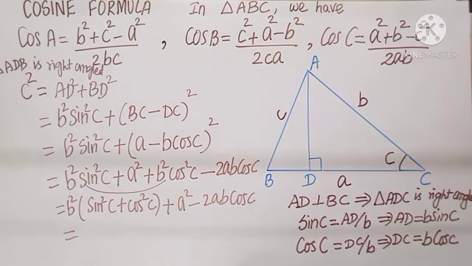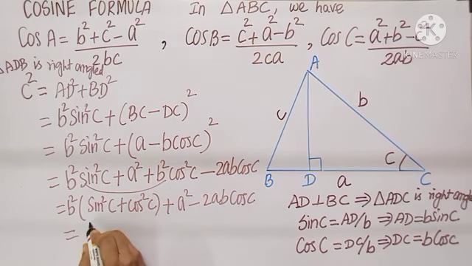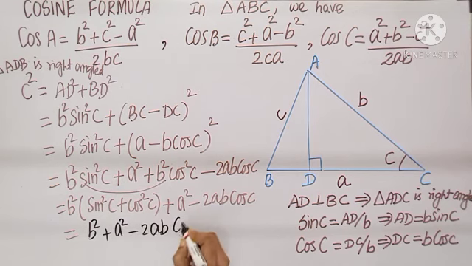It is 1. So I am left with b square plus a square minus 2ab cos C. This is c square on the left side.